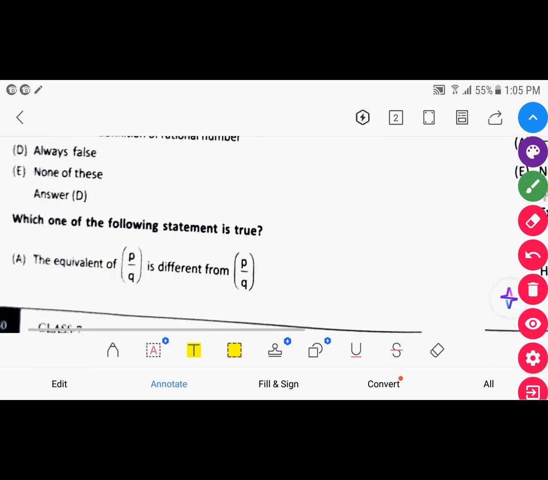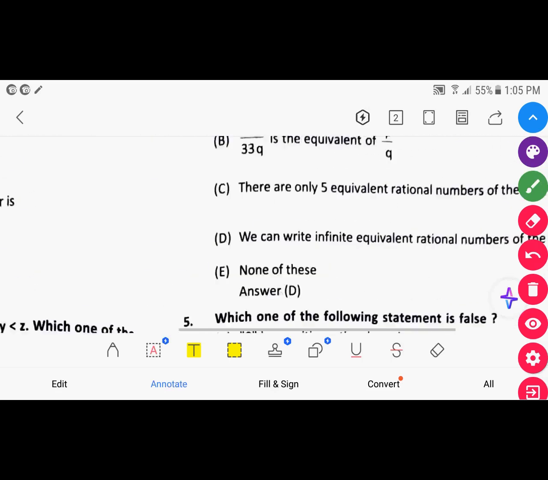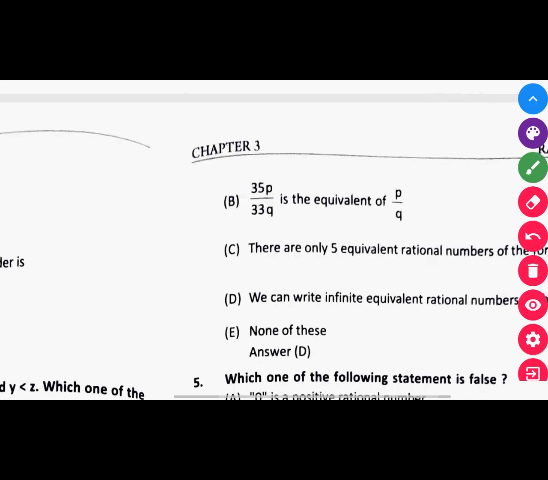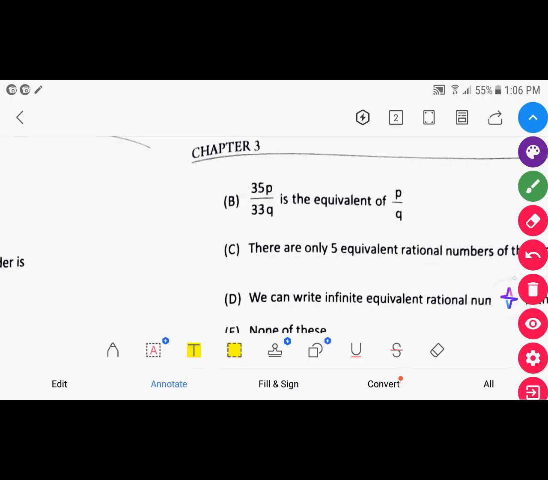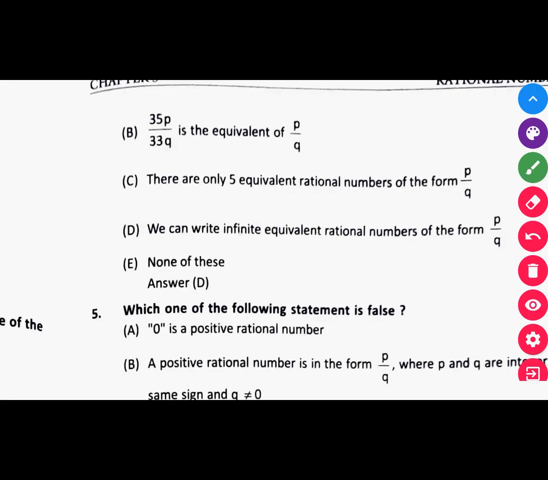Now which one of the following statements is true? The equivalent of p and q is different from p upon q. Now 35 upon p, 33 upon q is equivalent to p and q. See, this is not true, because we have to multiply the denominator and numerator with the same number to find its equivalent. Okay, so this statement is false. There are only 5 equivalent rational numbers of the form p upon q.